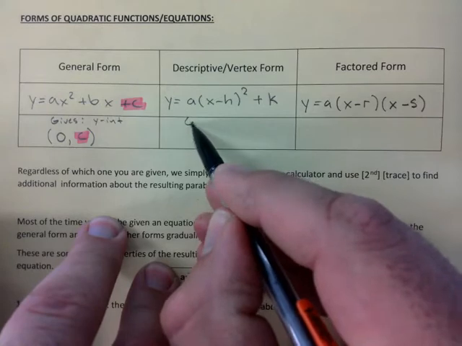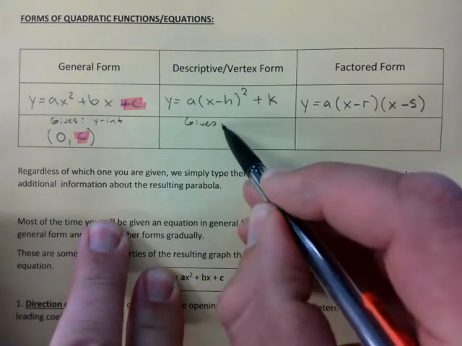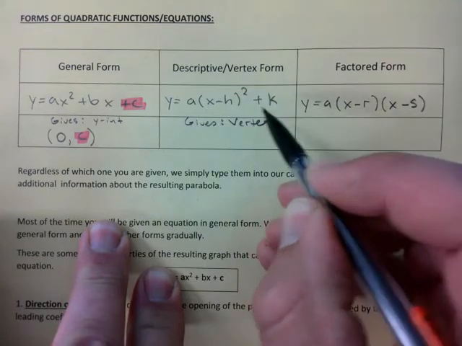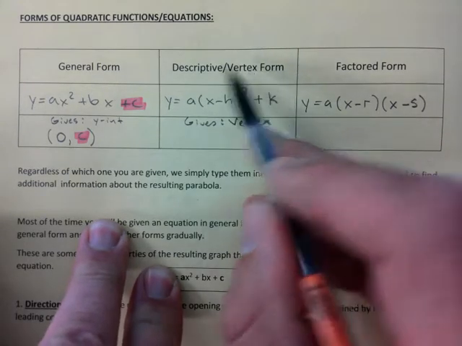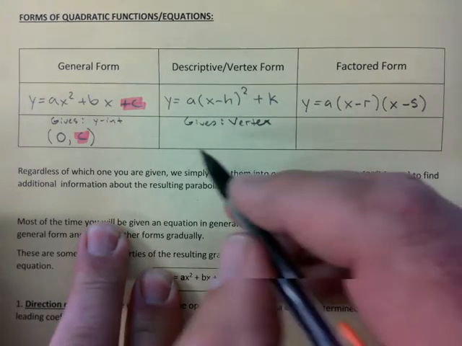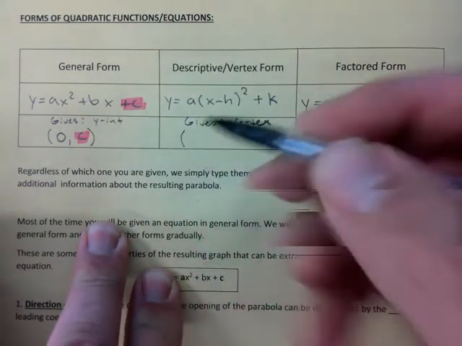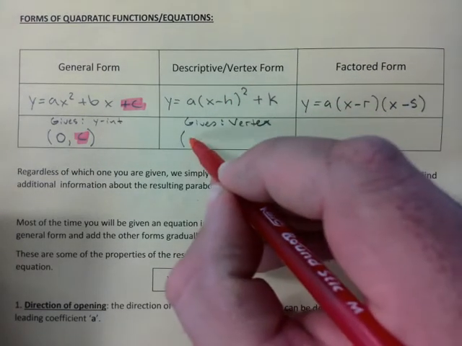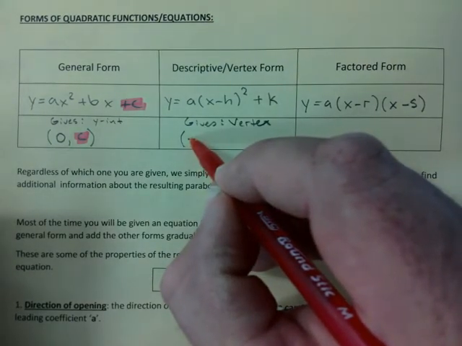This one gives the vertex. And that's why it's called the vertex form as well, because it gives you the vertex. And this is very important to get it right, though. I'm going to use a red pen to emphasize it. Whatever h is, you're going to have to change the sign to it.